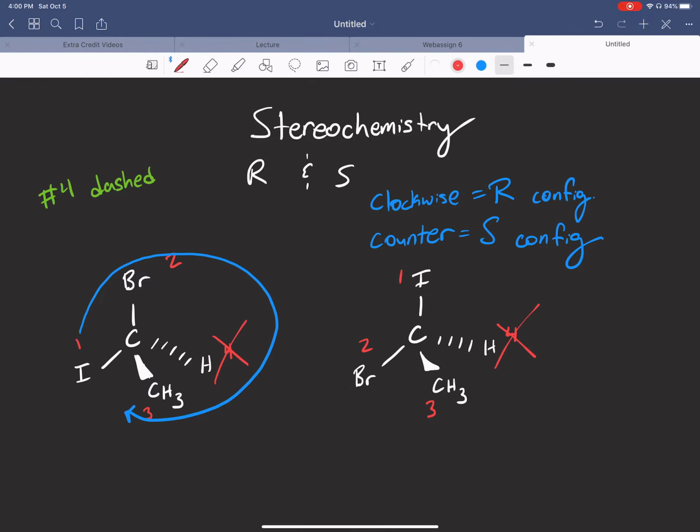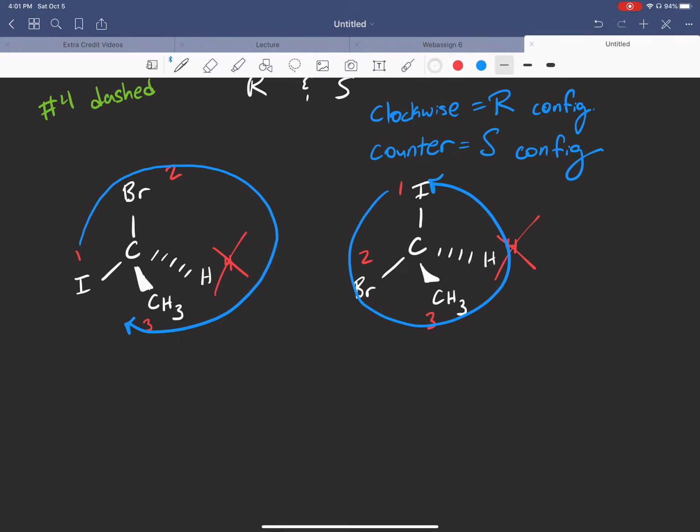Cross out the 4 and make your arc: 1, 2, 3. You can even just bring it all the way back here. So our circle now is counterclockwise, and so this is now the S configuration.